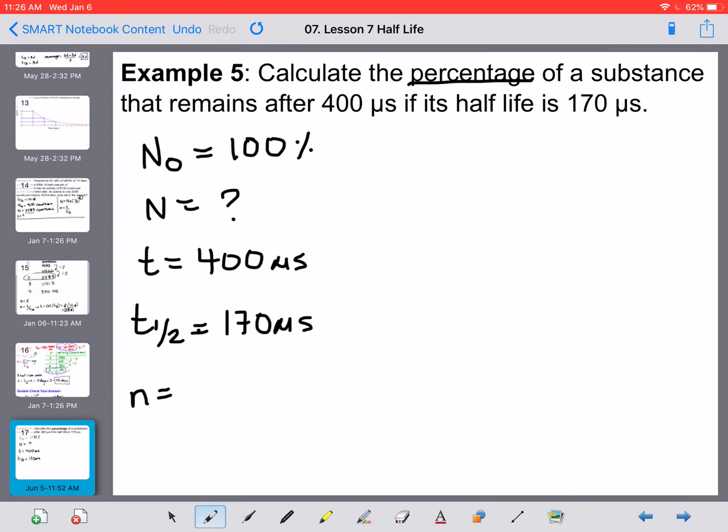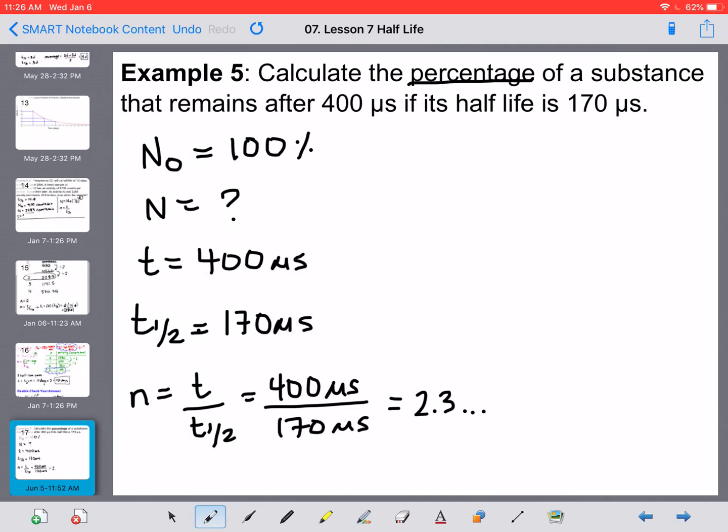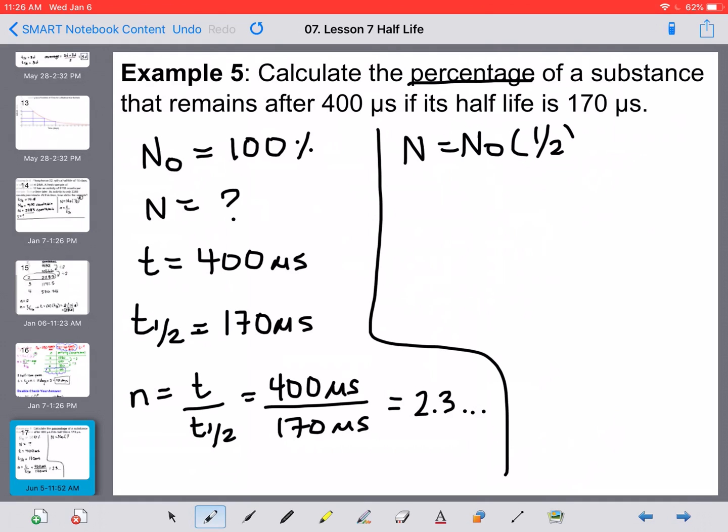So I'm going to begin by calculating the number of half-lives that have gone by. I'm just going to do 400 over 170. And that gives 2.35. I'll just write that as 2.3... half-lives. And then we just plug this into the formula just like before. So N is N0 times 1/2 to the power of little n.